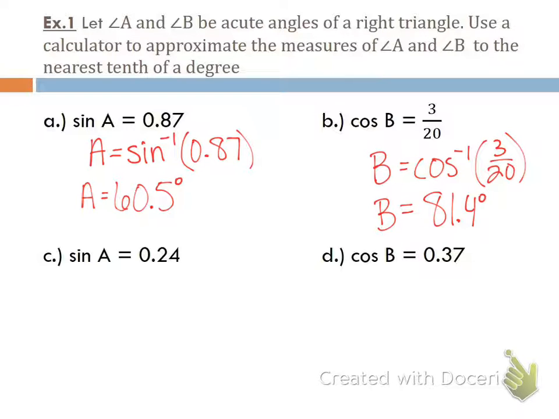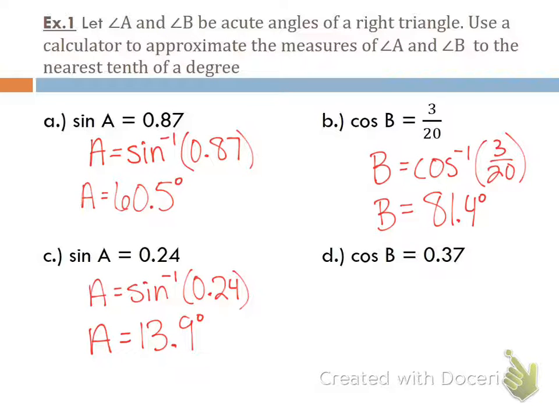All right, on letter C, we're using inverse sine of 0.24. What do we get for the measure of angle A? 13 point what? Okay. Last one again, we are using inverse cosine of 0.37.